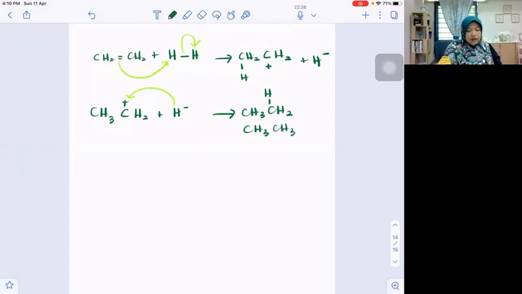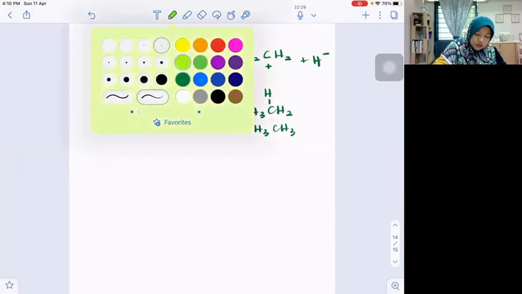Okay, and then for the hydration reaction, the same reaction. For the hydration, it is actually the reaction with H2O, right? So HOH. When this electron attacks H, the cleavage occurs.